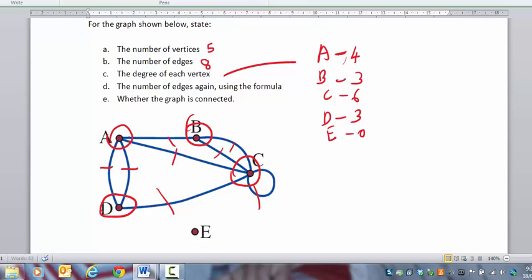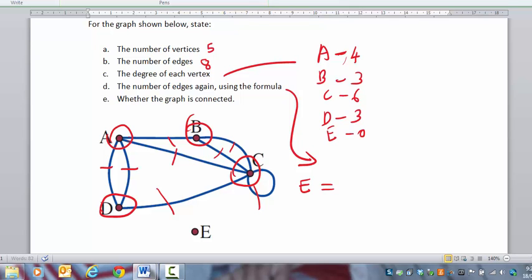Okay, the number of edges, again using the formula. So there's a simple formula to work out the number of edges. What I do is I add together the number of vertices of a particular degree and then divide the result by 2.